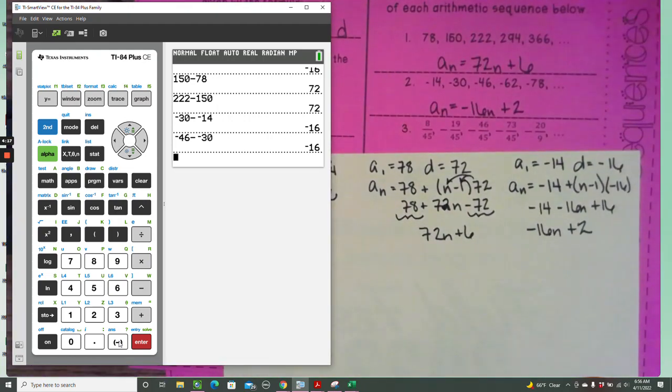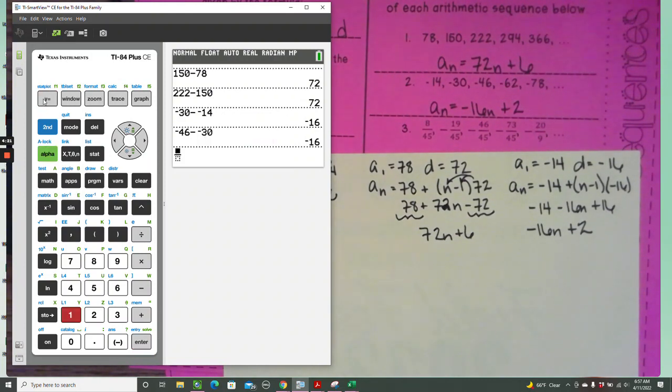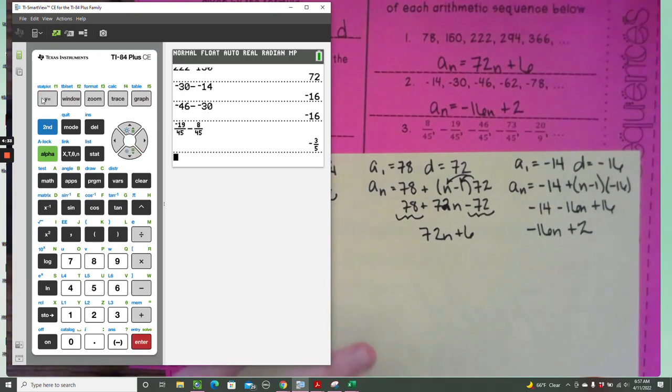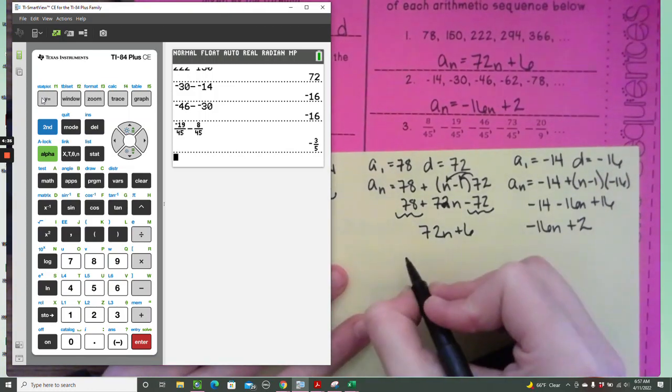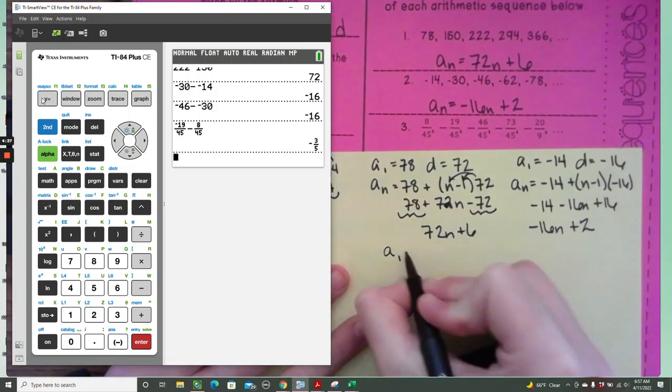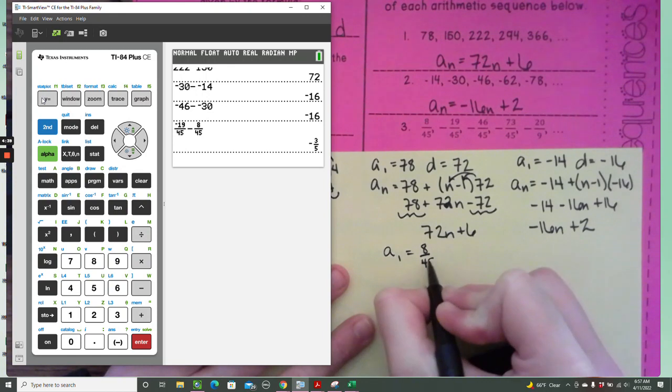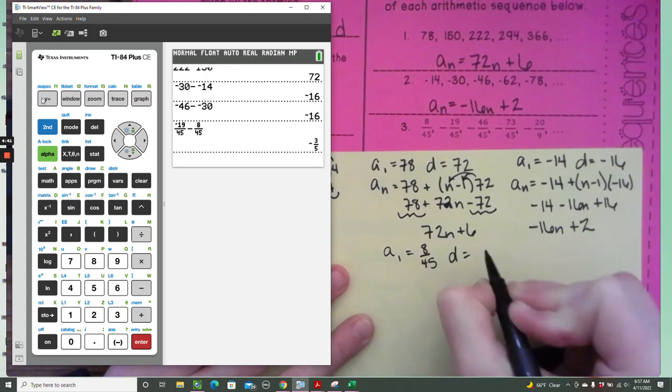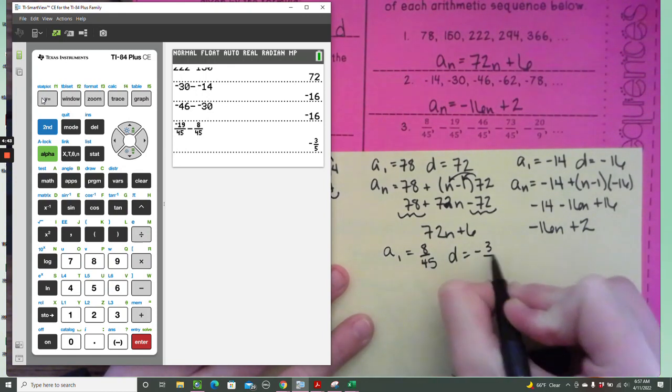And then with fractions, you still do the exact same thing. So I've got negative 19 over 45 minus 8 over 45. So here for this one, my first value is 8 over 45. My d value is negative 3 over 5.